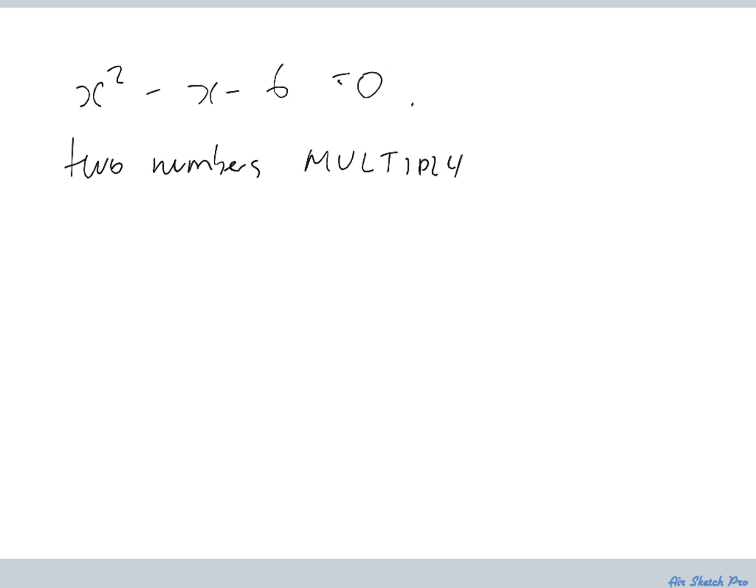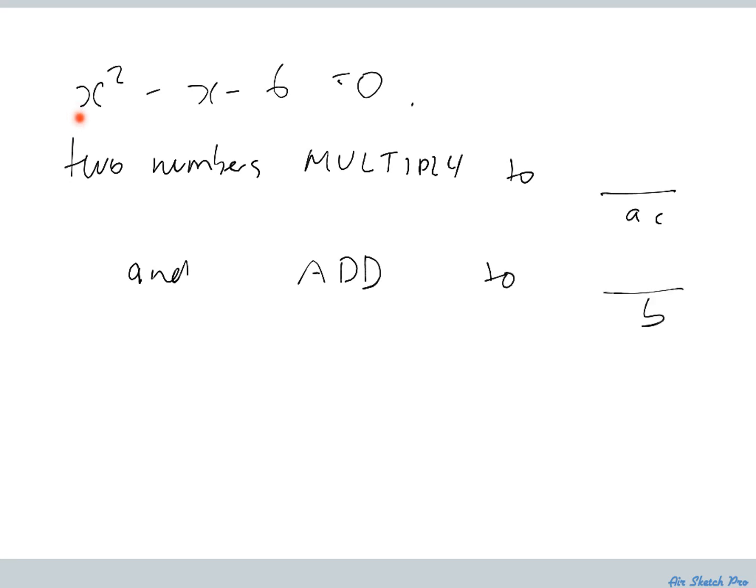By the way, this method works exactly for very simple ones as well. So remember how we had x squared minus x minus 6 equals 0? I can still use the same method. Okay, so I can say two numbers that will multiply to AC and add to B. What is AC?